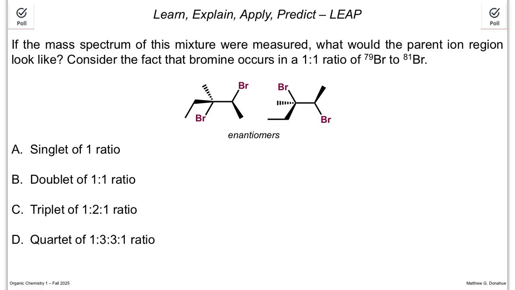If you took that mixture and analyzed it by mass spec, what would the parent ion region look like, considering that bromine has a natural abundance of 1:1 of 79 to 81 Br? Any educated guesses? So the answer is C.